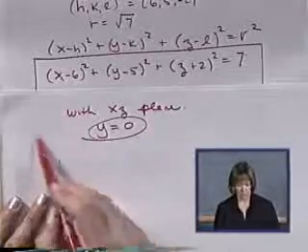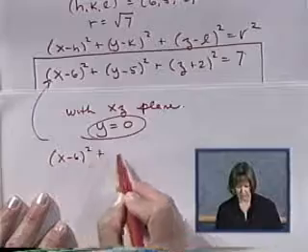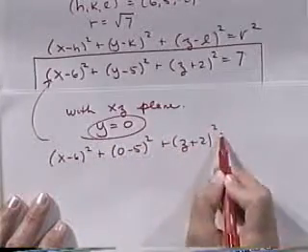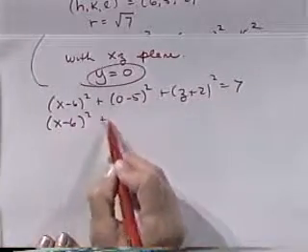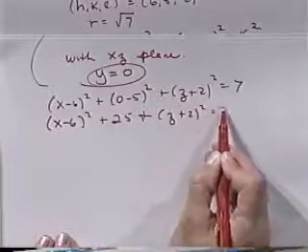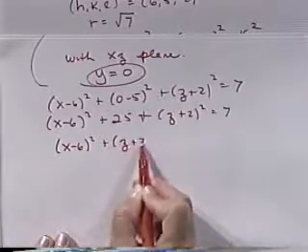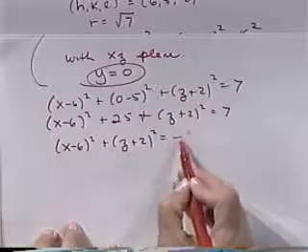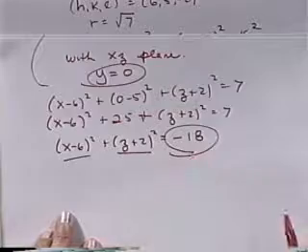If y is 0 and I plug it back into this equation, look what I get. (x minus 6) squared plus (0 minus 5) squared plus (z plus 2) squared is 7. I get (x minus 6) squared plus 25 plus (z plus 2) squared is 7. Or I get (x minus 6) squared plus (z plus 2) squared is, what's 25 minus 7? 18? Negative 18. Can you have things that are squared added together to give you a negative number?